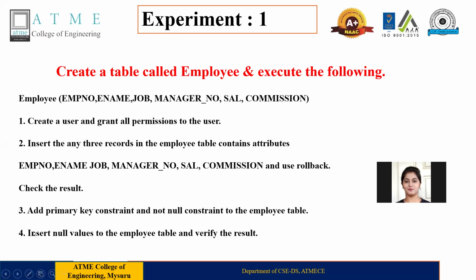And after adding not null to a few of the attributes, we have to insert null values. That is, if we insert null values into the employee table, we will be able to see whether that not null constraint is applied and it is not accepting null values. Which is why we have to do the fourth question here and see whether it is working fine for us.